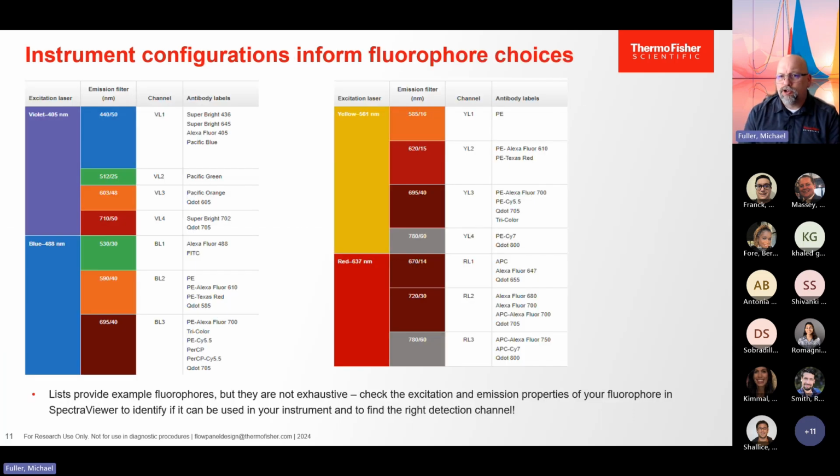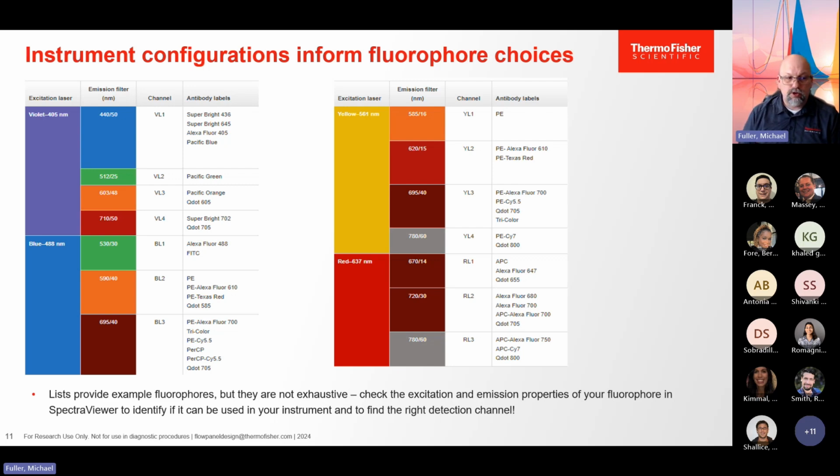Coming back to our instrument configuration chart, again, this is a very useful tool for helping you determine which fluorochromes you can potentially use in any of your given detectors. However, this is not an exhaustive list. We're not printing these every other day to include all of the newest fluorochromes that are being created. So while this can be a useful tool, we also highly recommend that you use spectra viewers, which can be found online.